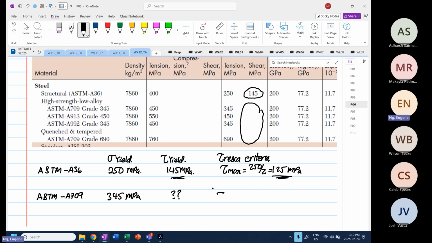You can use the Tresca criteria to specify this will be equal to 345 divided by 2, which is equal to 172.5 megapascal. Whenever you do something like this, where you don't have the value and you calculate it, you have to state that you're assuming the material will obey the Tresca criteria, rather than waiting for tests to be done.